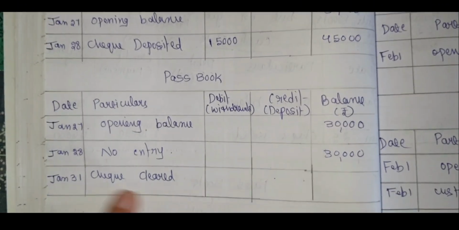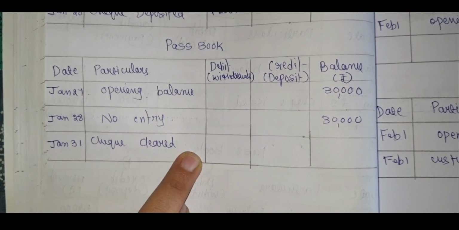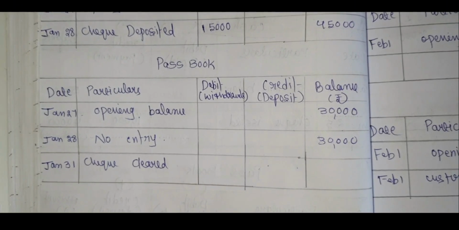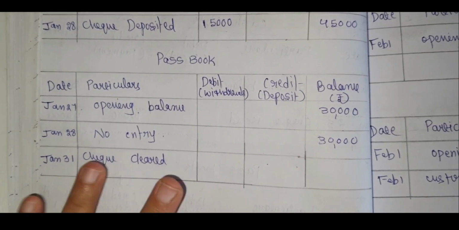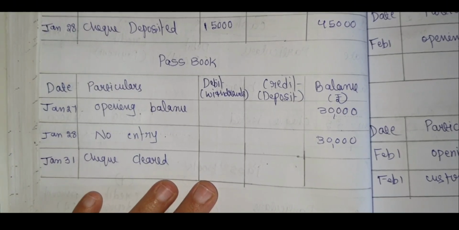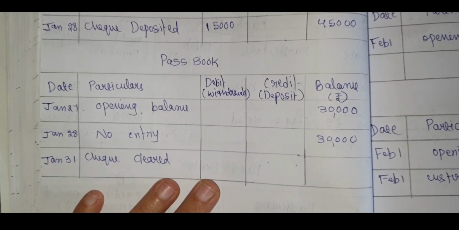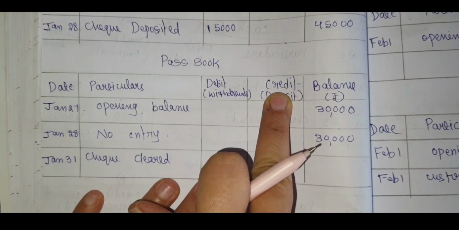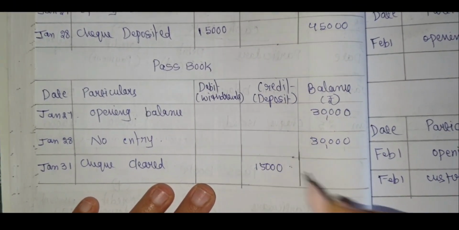Check cleared comes under debit or credit side? Check cleared means we have to enter the amount. It means cleared, that is deposited, so it comes in the credit side, that is rupees 15,000.